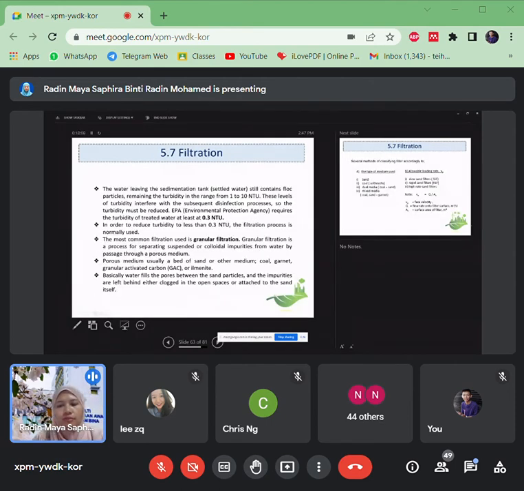Okay, I want to discuss the next process, which is filtration. This is also quite a simple process, where we want to make sure the water is clear. Sometimes physically it looks fine, but we don't know. Sometimes it still has some flocs or very small particles that we need to filter out.